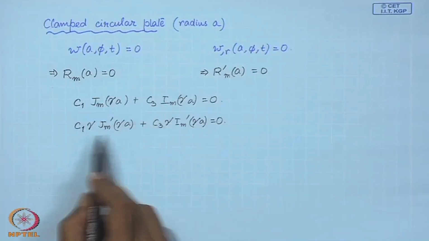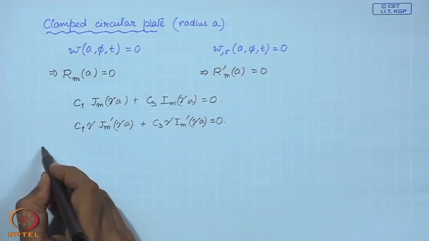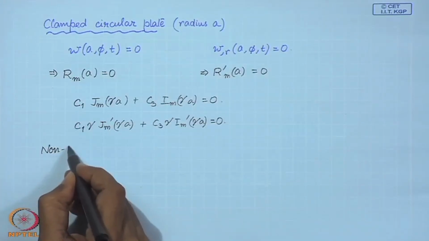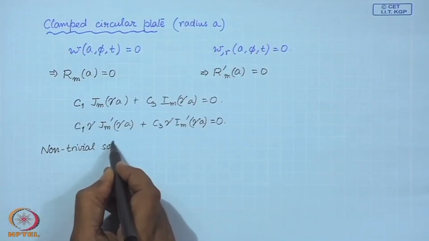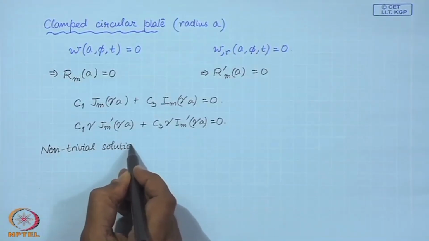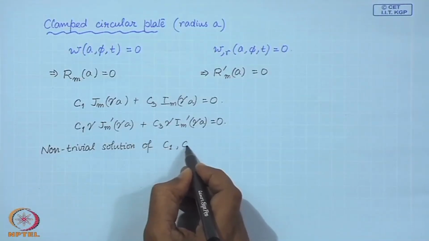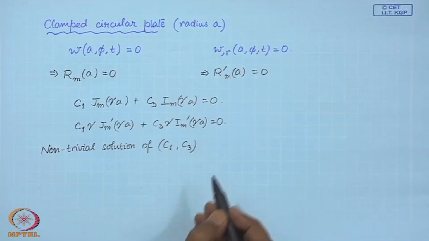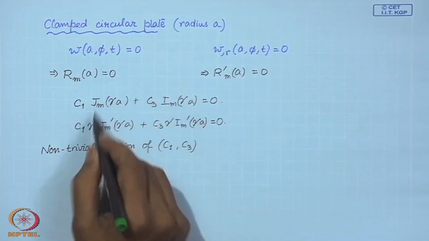Now, for non-trivial solutions of C 1, C 3 we must have the determinant of this matrix vanish.